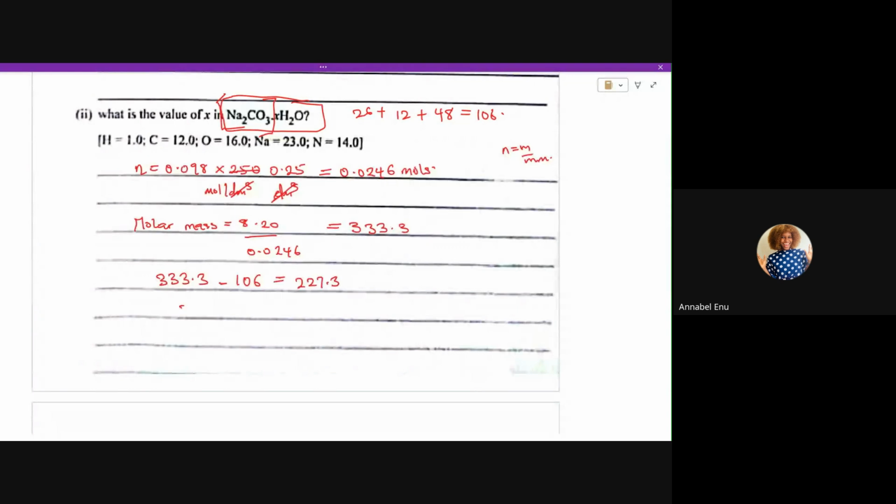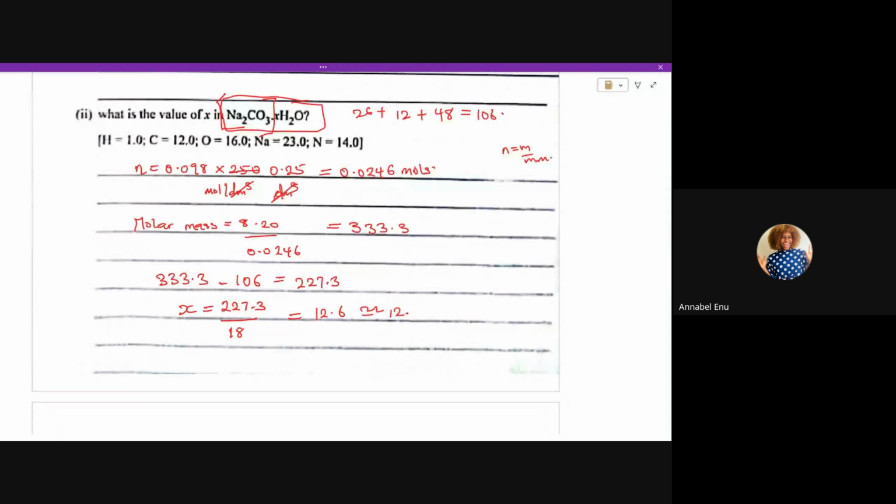So to find our X, it's going to be this molar mass that is meant for the water, divided by the molar mass of just H2O, the simplest form of it. So we have 18. When we divide this, we have 12.6. So that is to say, X is approximately 12.